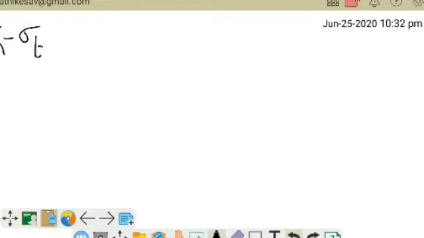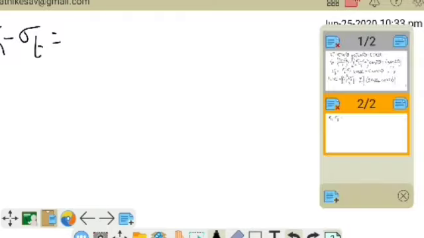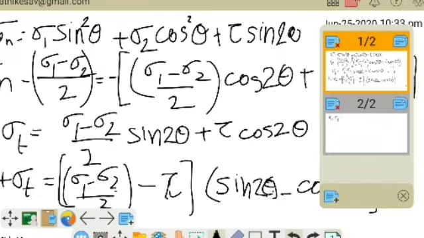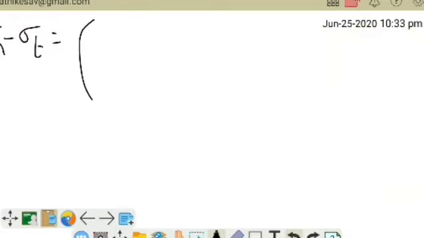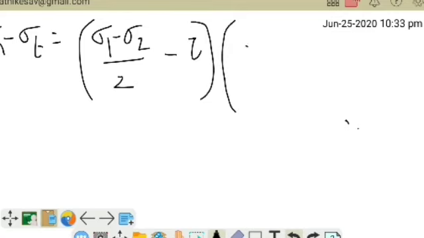And sigma n minus sigma t can be similarly given as sigma 1 minus sigma 2 by 2 minus tau times sine 2 theta plus cos 2 theta.